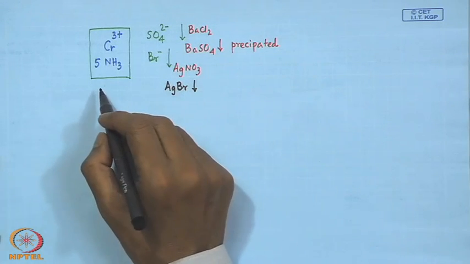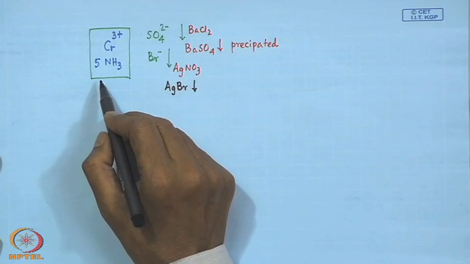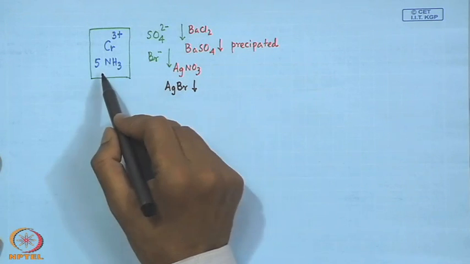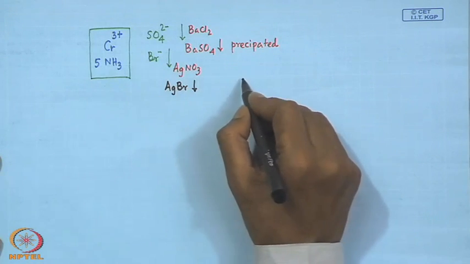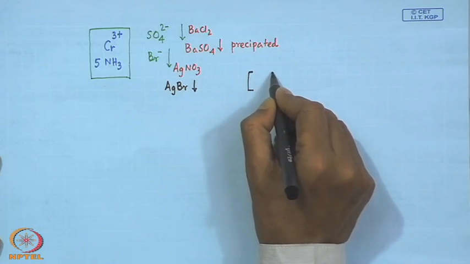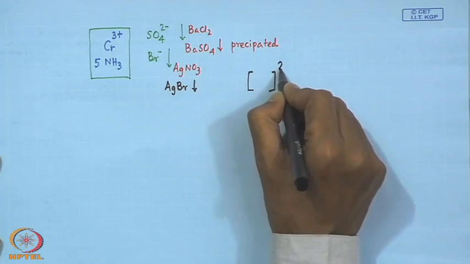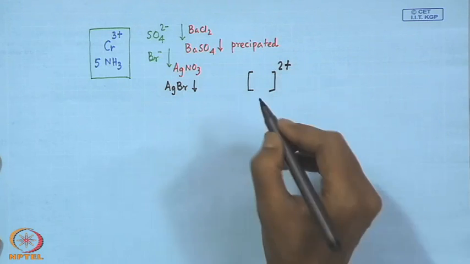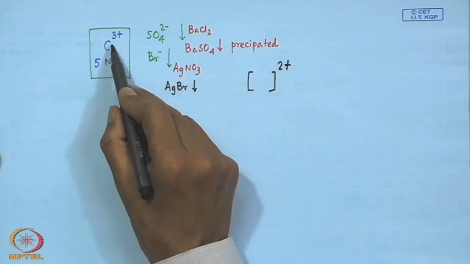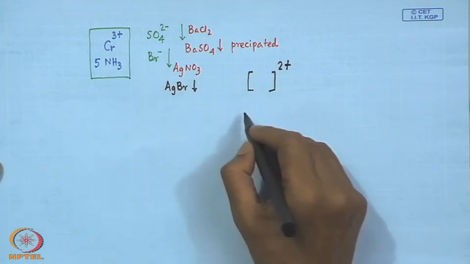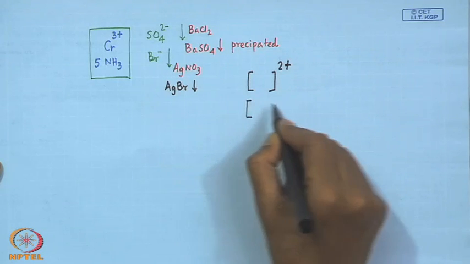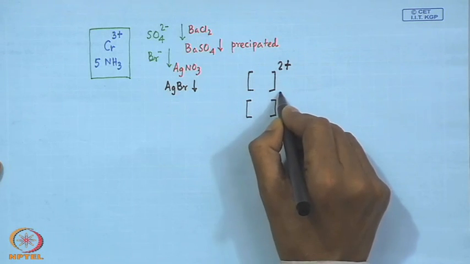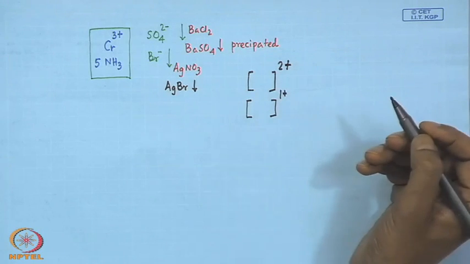Another physical characterization for this compound would be such that when Br is present inside, the overall charge on the complex is 2 plus, that means Br is neutralizing the 3 plus charge on the chromium center, but when sulphate is present inside we have a charge of 1 plus.